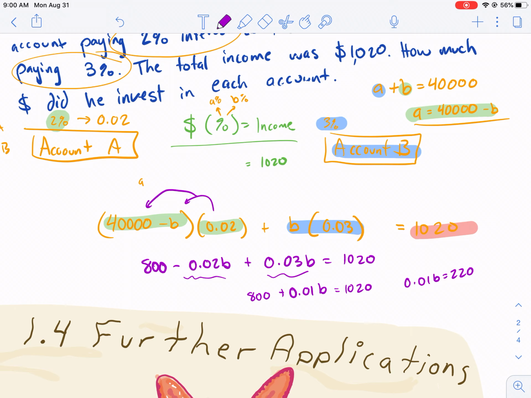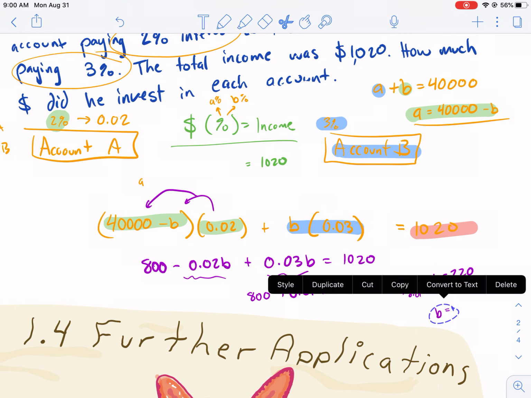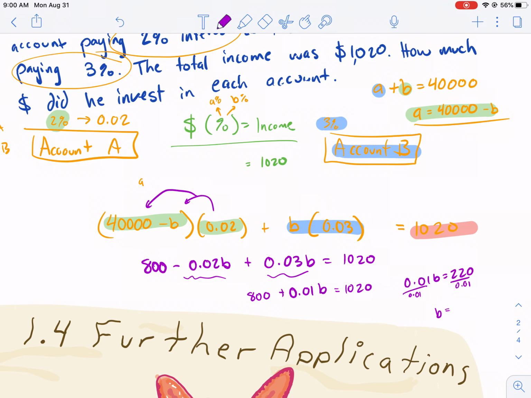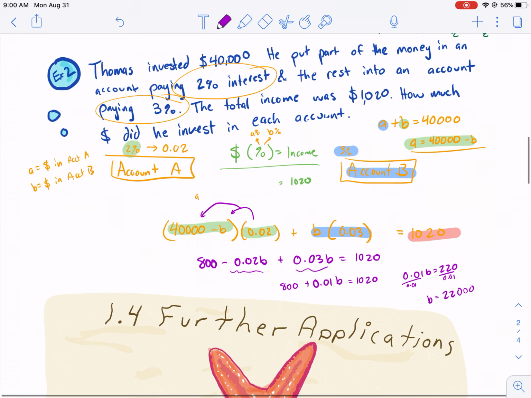And now I need to divide by 0.01 to get my amount in account B. When you divide by a decimal, it gets bigger. That's a very common misconception. A lot of people are confused by this, okay? But anyway, we get $22,000 in account B.